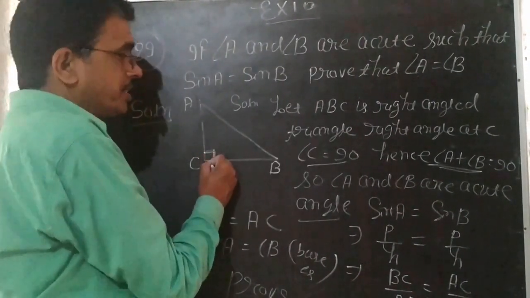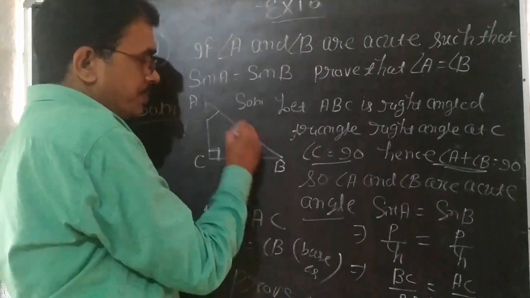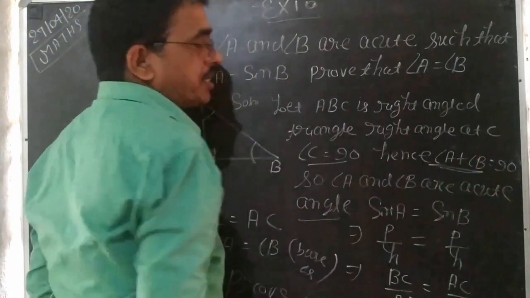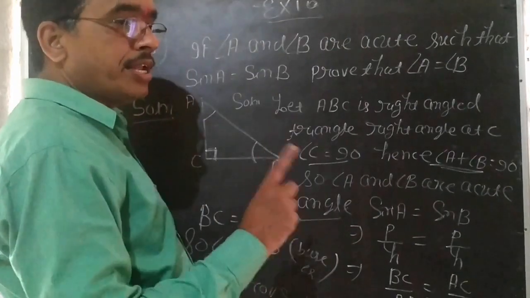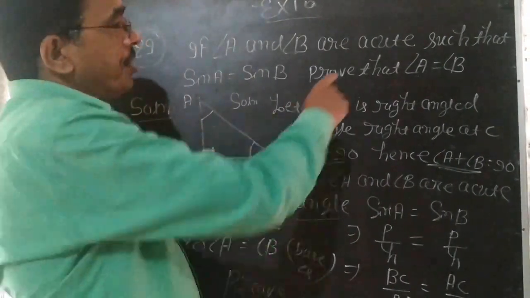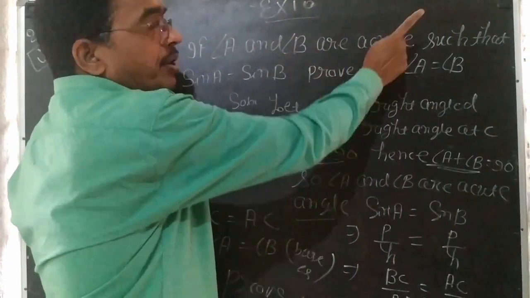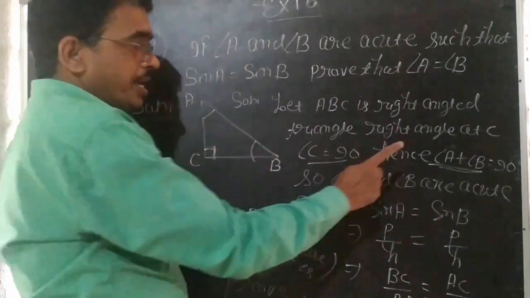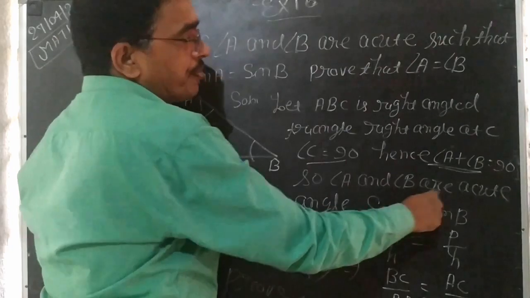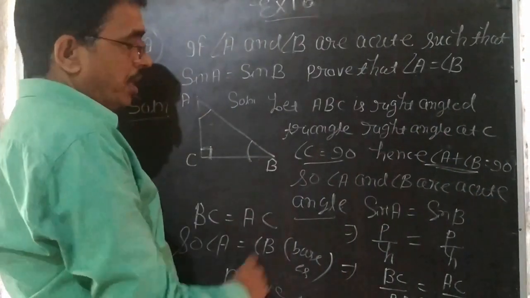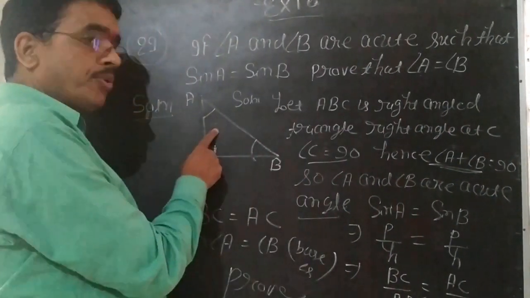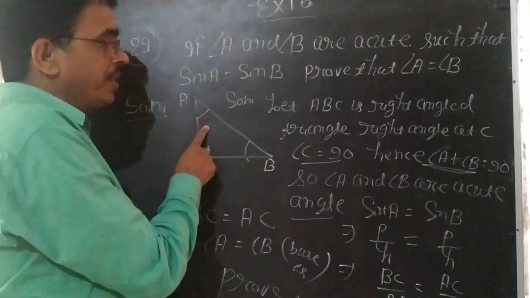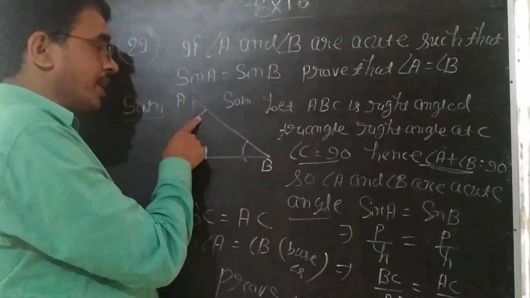Angle C is 90, then it is clear A plus B is also 90. If the sum of 2 angles is 90, then it is clear both are acute angles. And your question is angle A and B are acute angles, both are acute. So C is right angle, then it is clear angle A and angle B are acute angles. And now solve this question in only one figure, not like your example with 2 figures. In only one figure, angle B is acute and angle A is also acute.